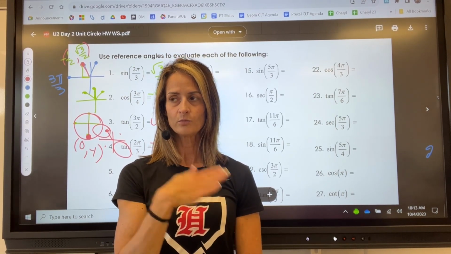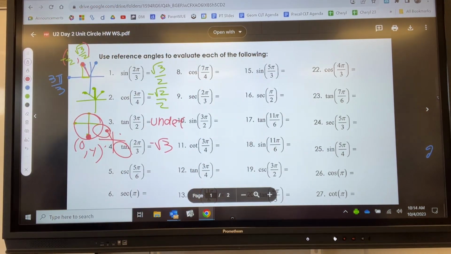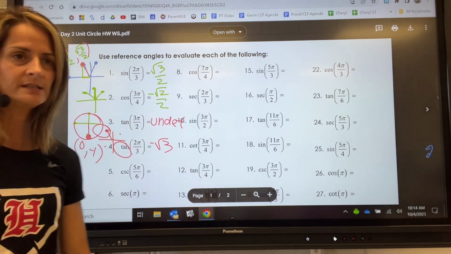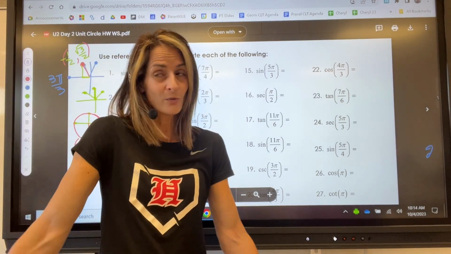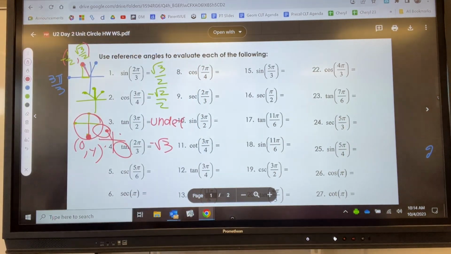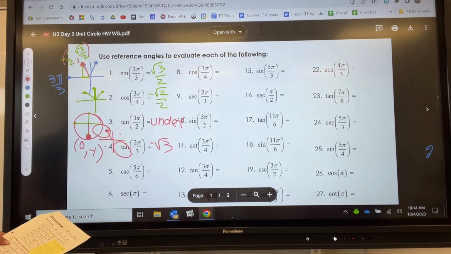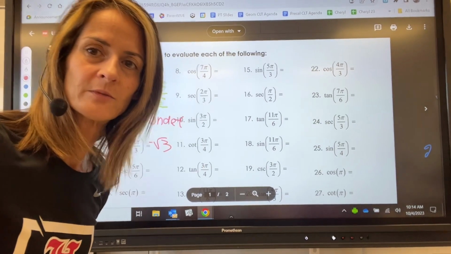And then the root 3, the tall angles, that's going to be root 3. I say you just memorize those two, because the middle angles for tangent are easy. That's just going to be root 2 over 2 over root 2 over 2. That's going to be a 1 or negative 1, depending on what quadrant you're in. Okay, where are we at? Let's do a couple more. We're going to stop for now.